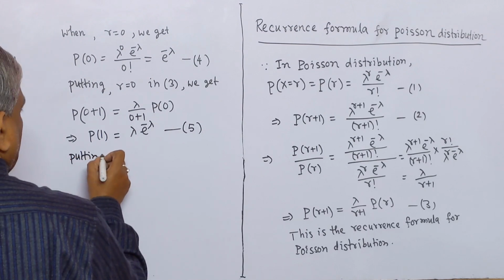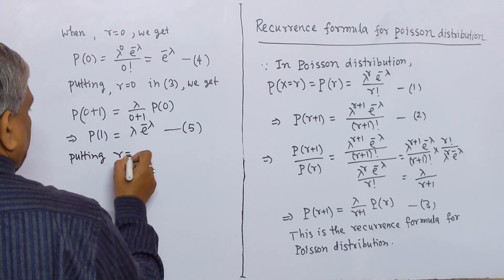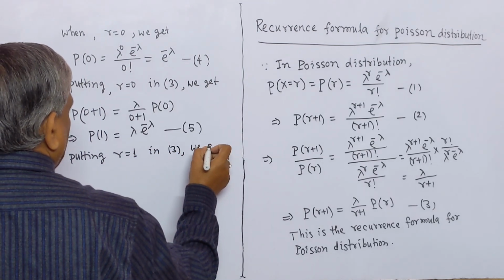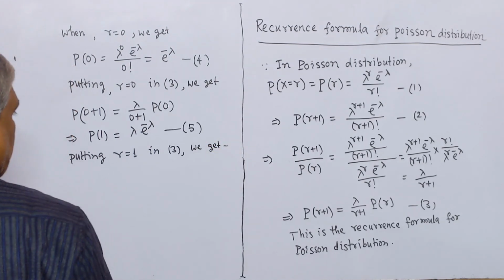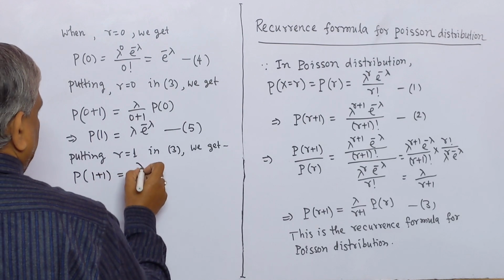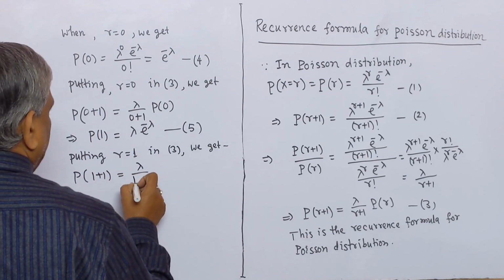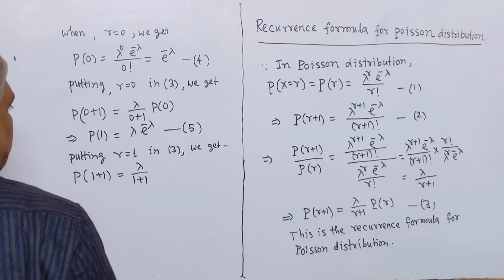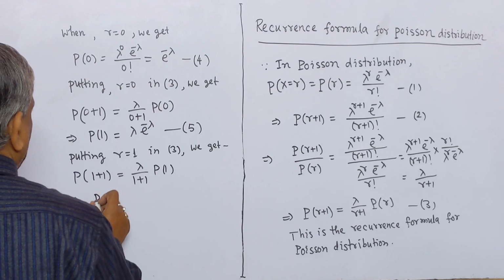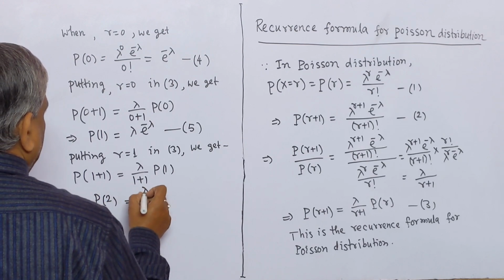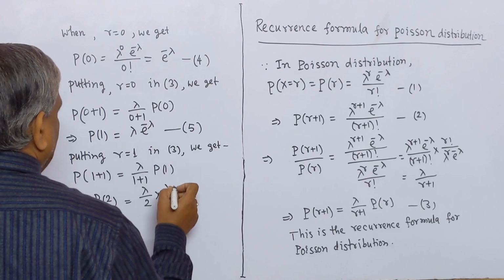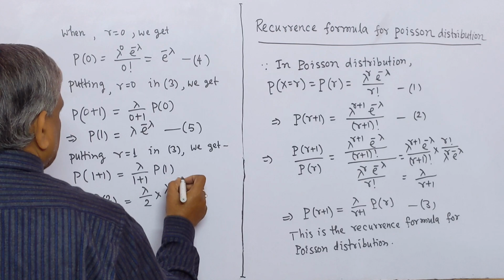Putting r equal to 1 in the recurrence formula, we get P(1+1) equals lambda by the value of r, which is 1 plus 1, times P(1), implies that P(2) equals lambda by 2 times P(1), which is lambda e to the power minus lambda.